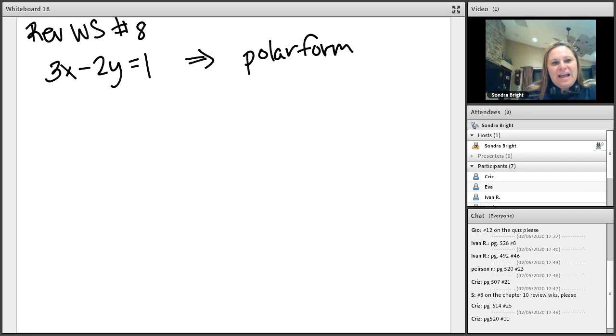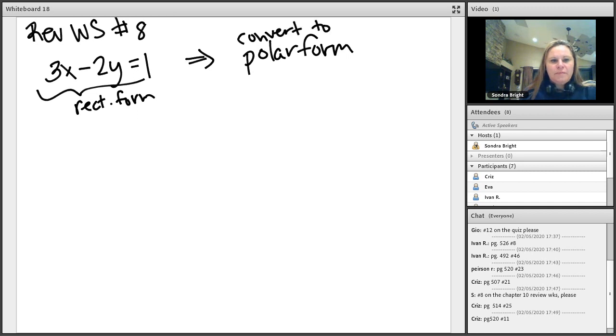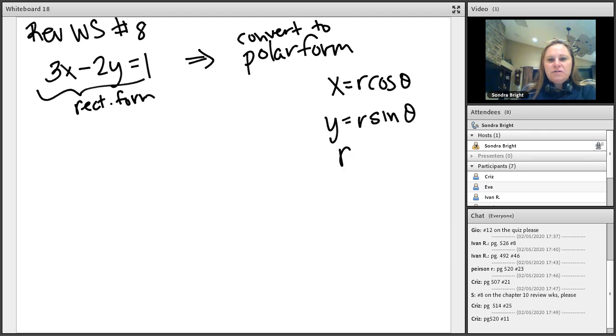Because you've got x's and y's, so this is rectangular form, and they want us to convert to polar form. So I'll write these again. How you're going to convert them is x is equal to r times cosine of theta, y is equal to r times sine of theta, and r squared is equal to x squared plus y squared.